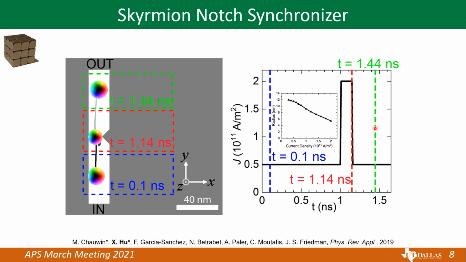Therefore, the current density pulse on the right will allow the skyrmion to pass through this notch, meaning that we can use this current pulse to synchronize the skyrmion motions within stages.